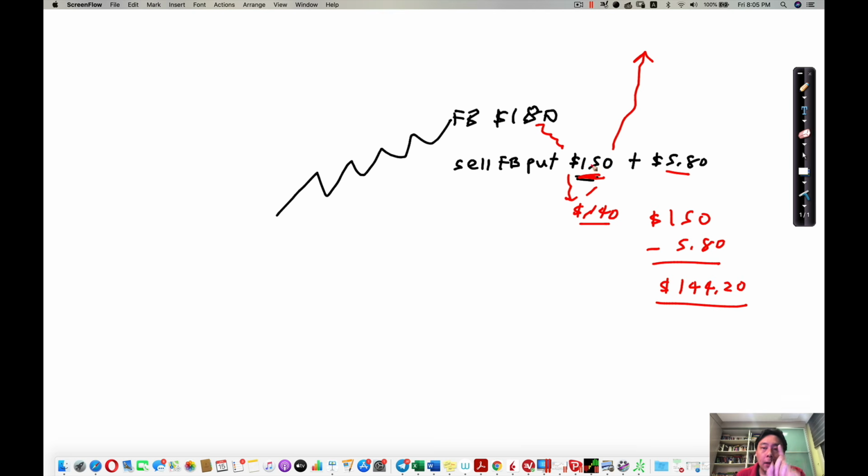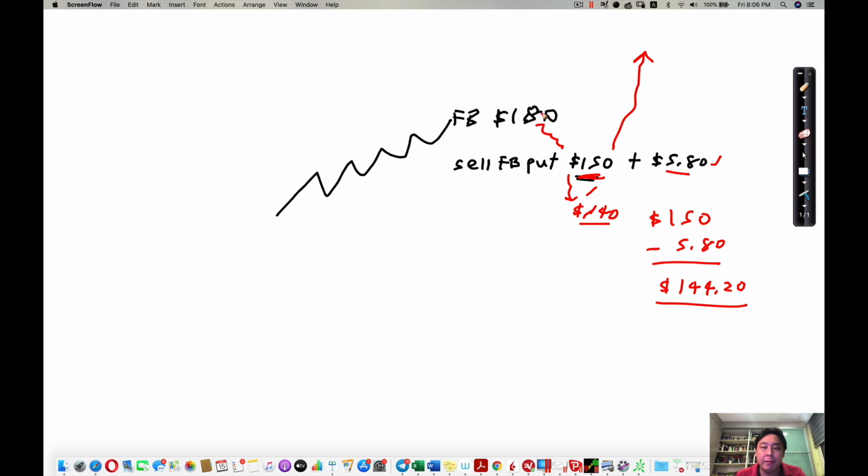Now, what has happened to the put? Again, you sold the put at 5.80. You collected 5.80, right? But when the share price drops, what happens to the value of the put? Remember, when the share price drops, the value of the put goes up, right? By how much?